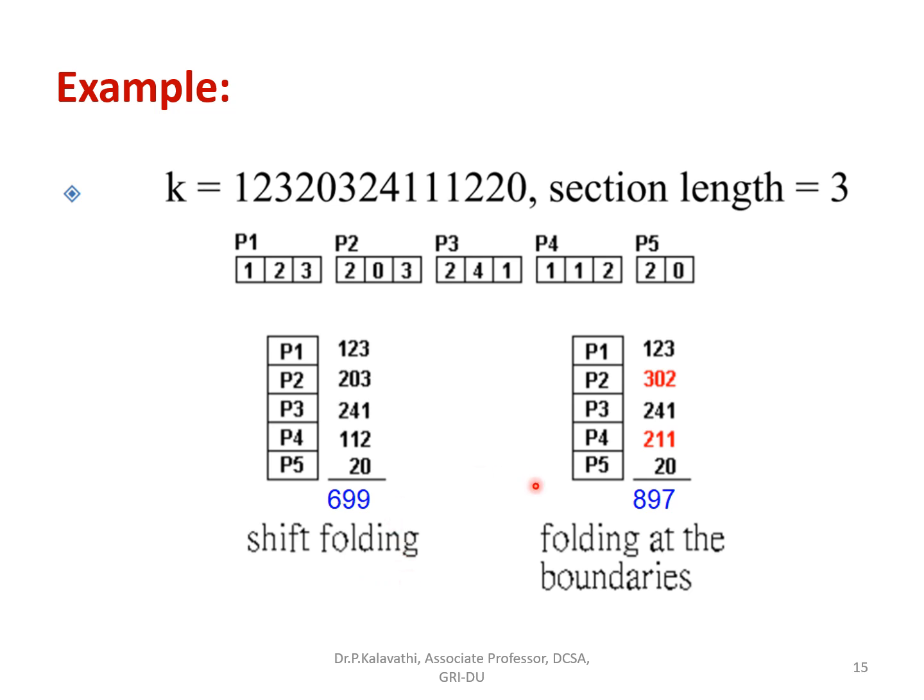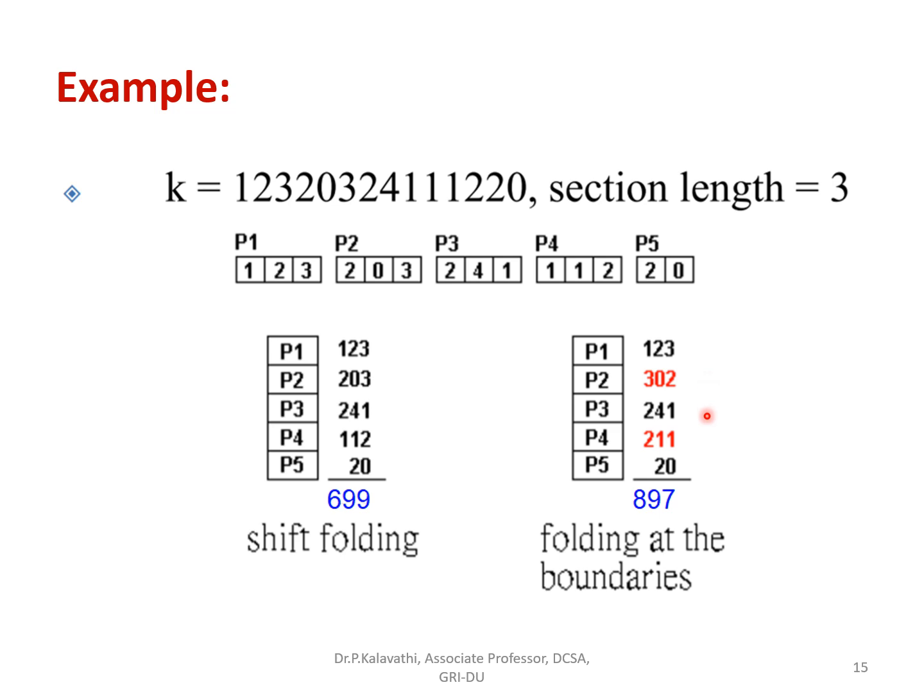Similarly, the second approach, folding at the boundaries, uses the same method except that the alternate parts are reversed. So the first part is 1, 2, 3 and we take it as such. The second part is 203, and we take it in reverse order, that is, instead of 203 we take it as 302.